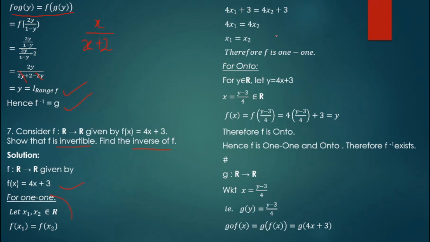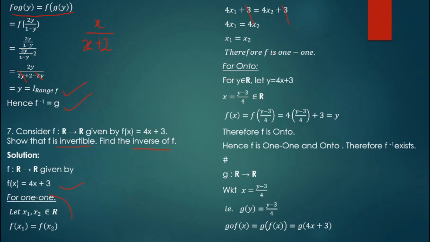Next, 3 cancels, then 4x1 equal to 4x2, 4 gets cancelled, we have x1 equal to x2, therefore f is one-one. So it is satisfying, so f is a one-one function.